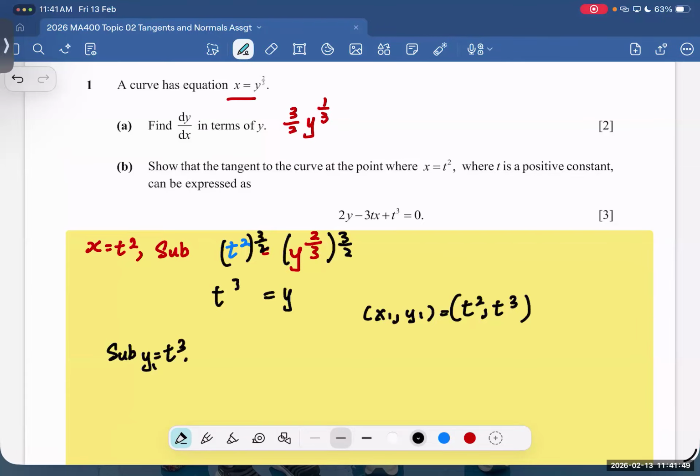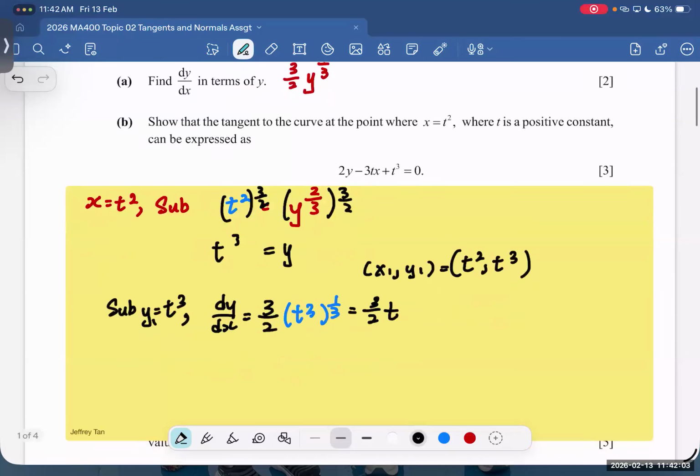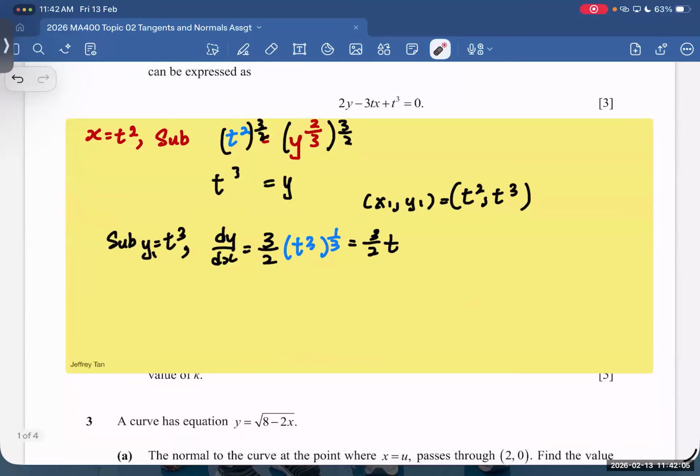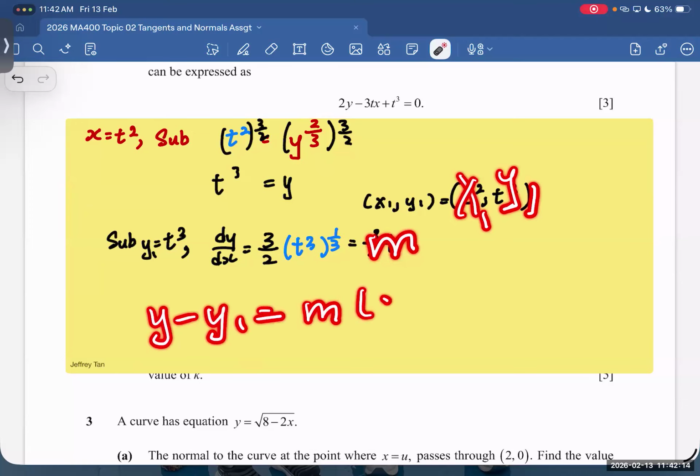My dy dx is 3/2, and subbing in t cube to the power of 1/3, which will just be 3/2 t. So guys, take a look. I'm highlighting to you. This is my x1. This is my y1. This is my gradient. I'm going to use the equation y minus y1 equals gradient times x minus x1.